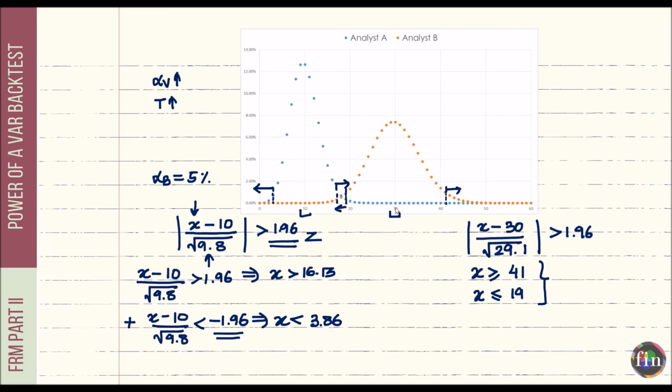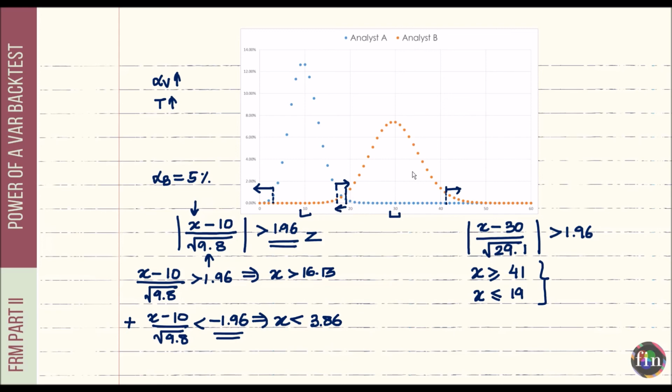Analyst B could have rejected the null if the number of exceptions was anything from 0, 1, 2, 3 right up till 19. Although both these graphs and the points at which we have demarcated the rejection regions in the tails have areas that still boil down to 5%.